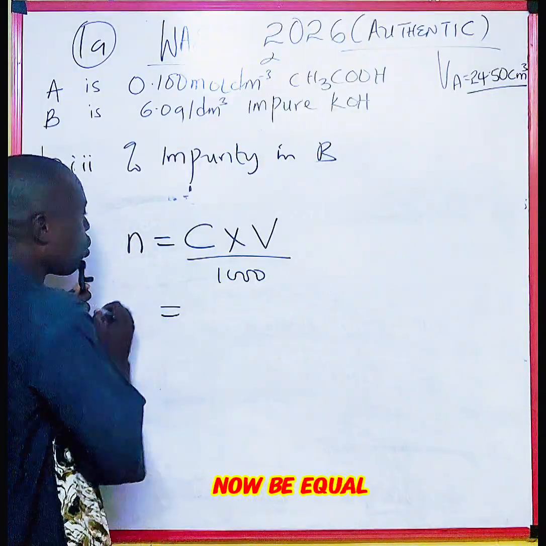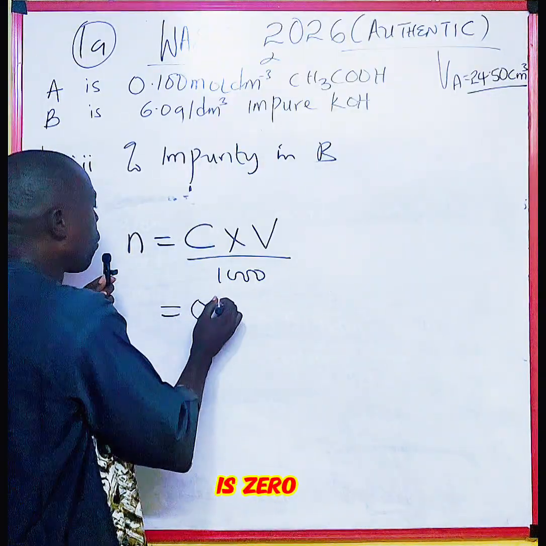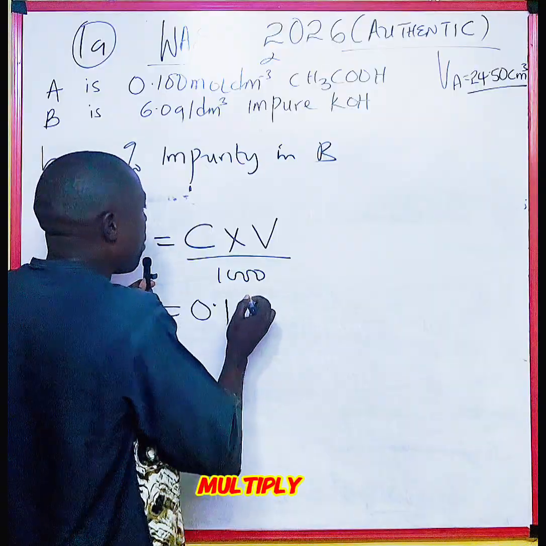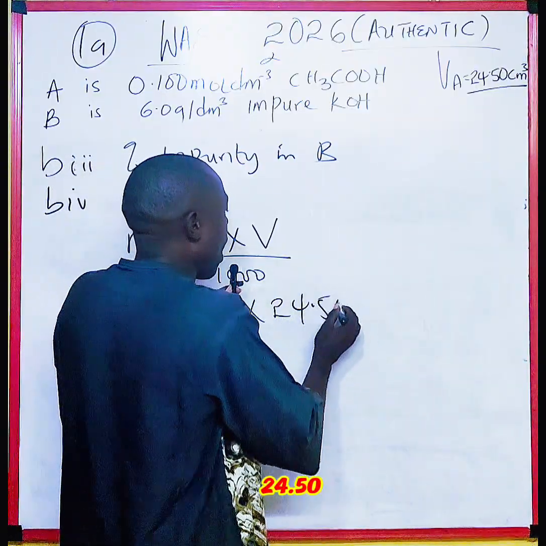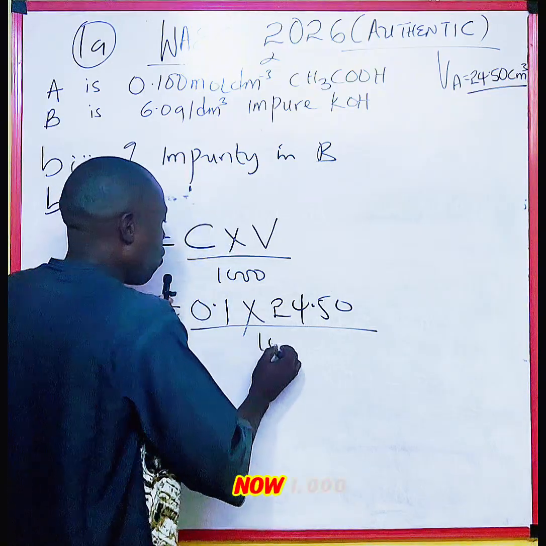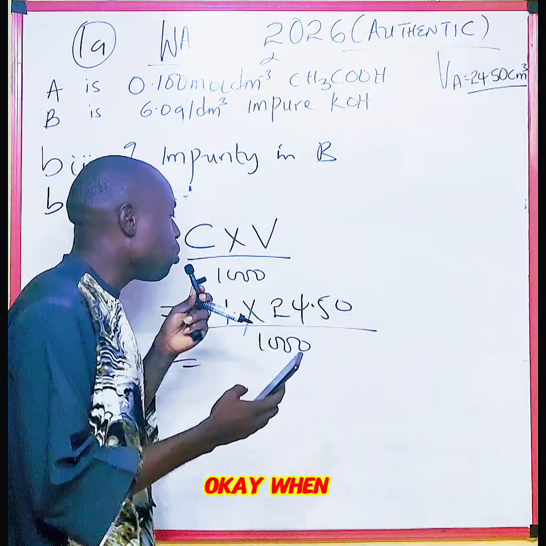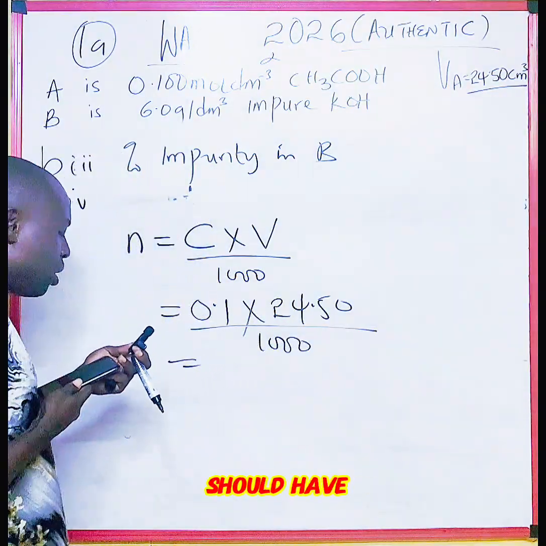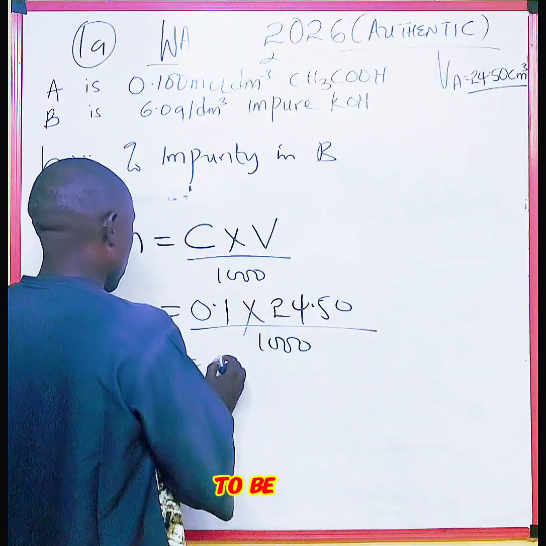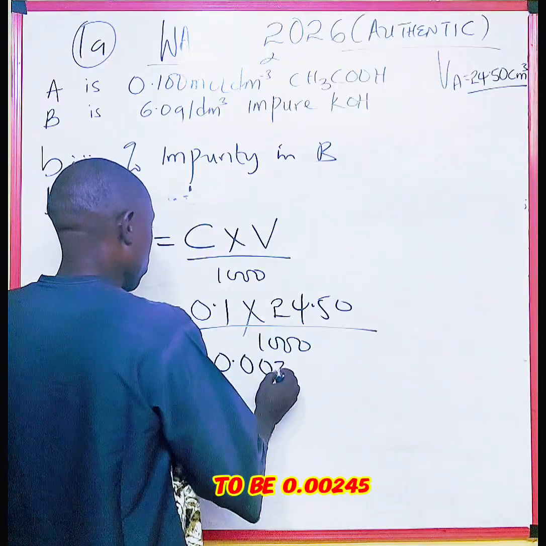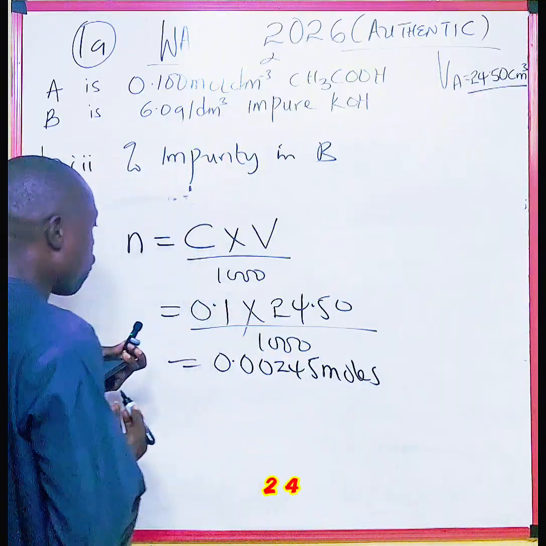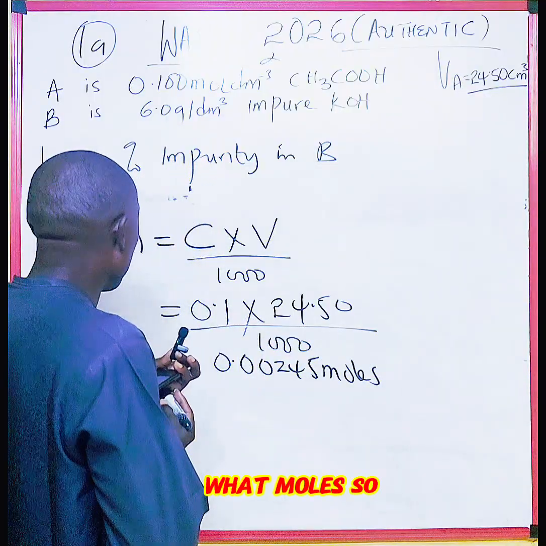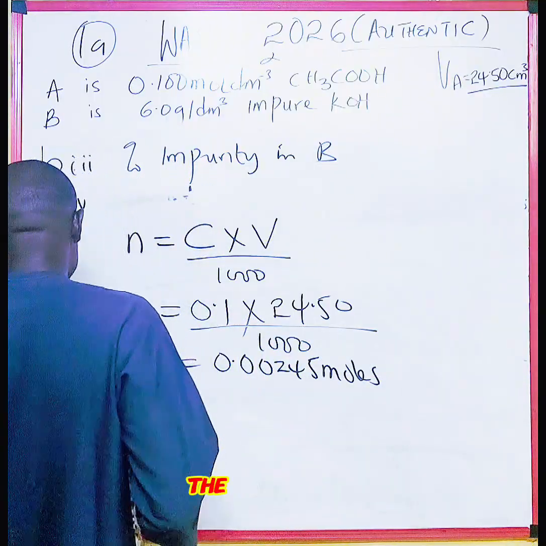So it is 0.1 multiplied by 24.50 divided by 1000, which gives 0.00245 moles. So we have nothing for the number 4. The last question.